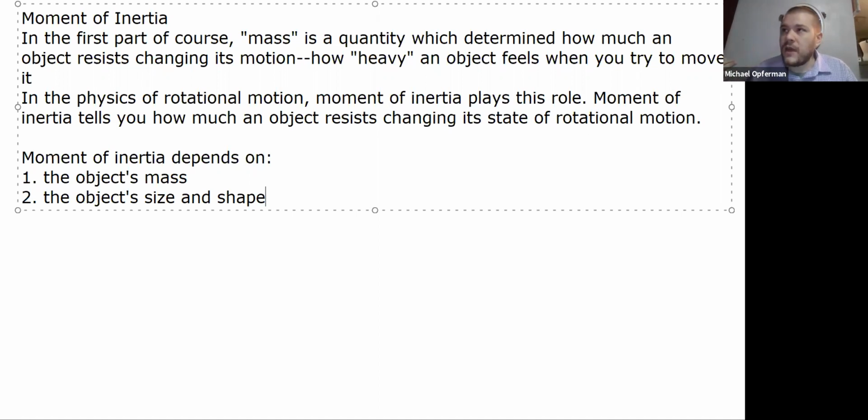Or take a hollow cylinder versus a solid cylinder that have the same mass. They'll rotate in a different way. They'll have a different physics for their rotation.